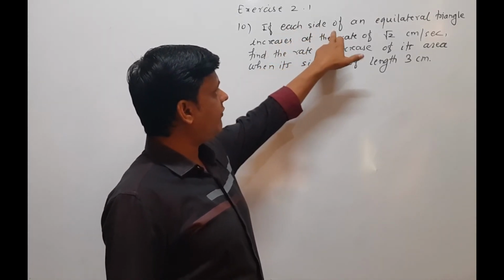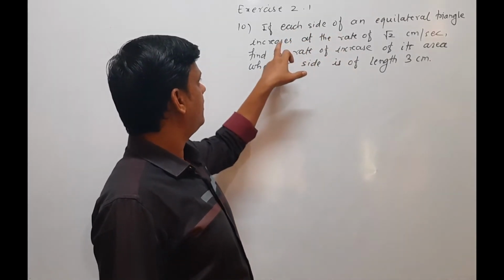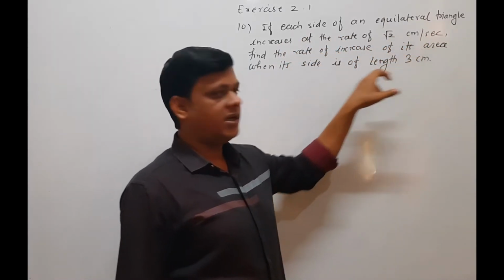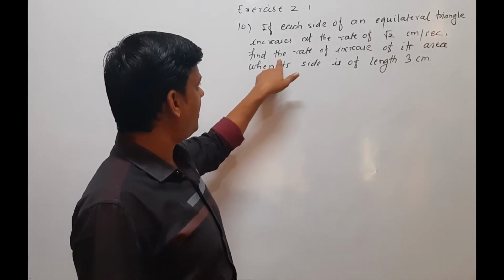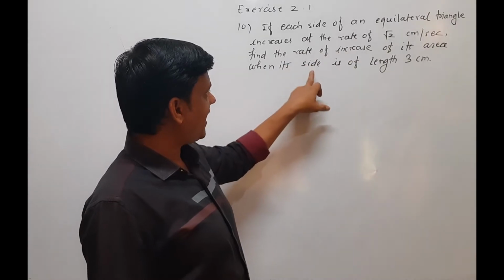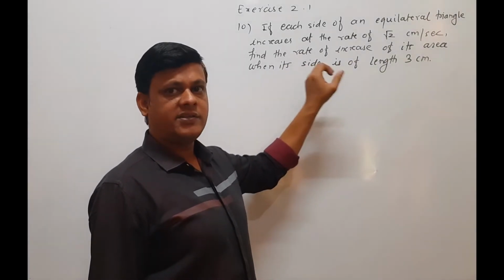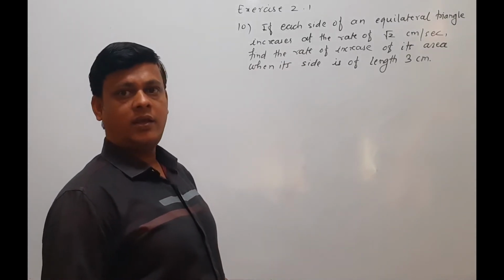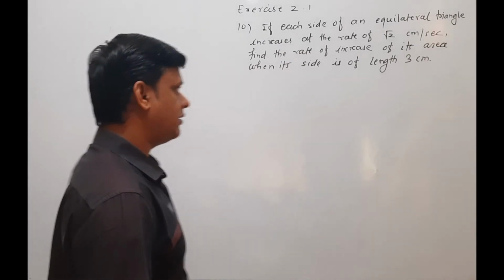If each side of an equilateral triangle increases at the rate of root 2 centimeter per second, find the rate of increase of its area when its side is of length 3 centimeter. Here first we need the area of an equilateral triangle.